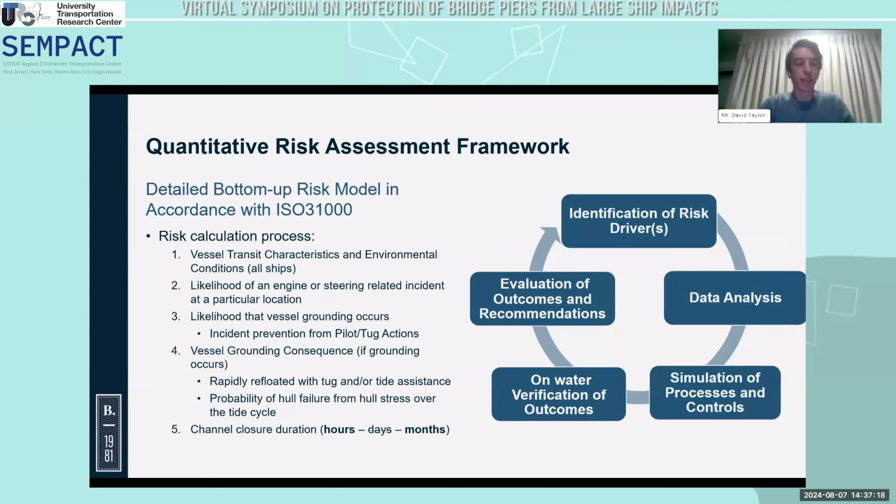So there are a lot of similarities with the AASHTO process and formulation that Michael presented in the previous presentation. But obviously this is a particularly bespoke model, customised to the processes and factors that contribute to, in this case, vessel grounding and then ultimately hull failure at Port Hedland. It can be broken down into really 5 key components.